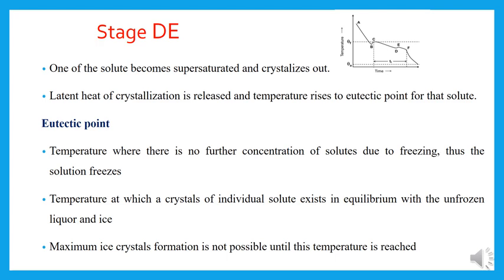So this eutectic temperature is also important, the temperature where there is no further concentration of solutes due to freezing, the solution is freezing. So maximum ice crystal formation is not possible until this temperature is reached. So this temperature is also very important.